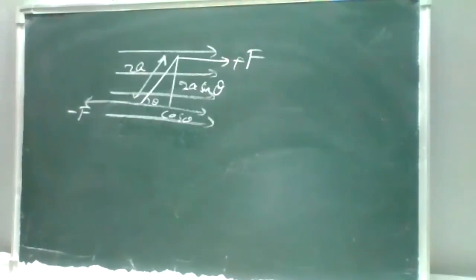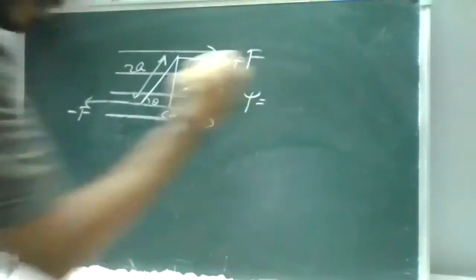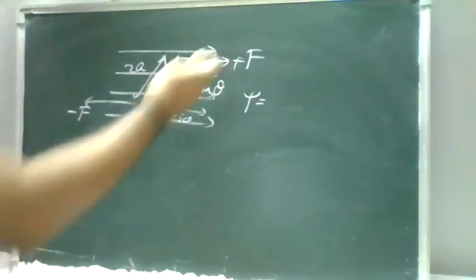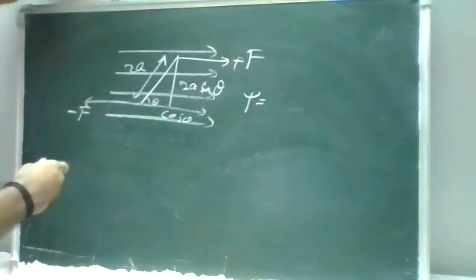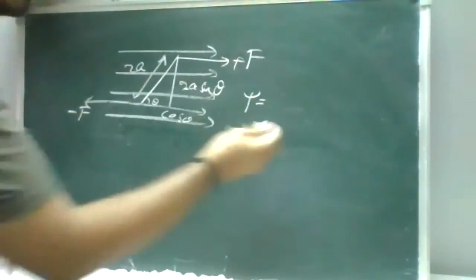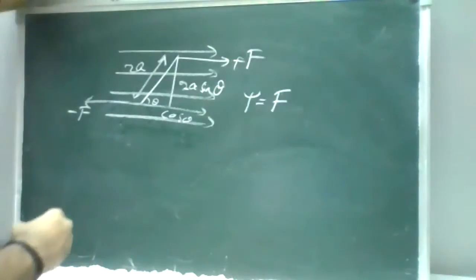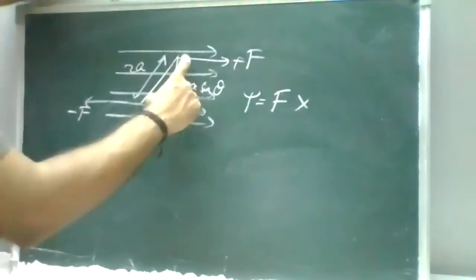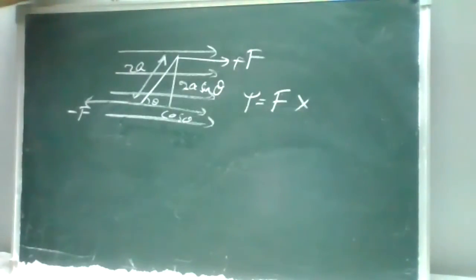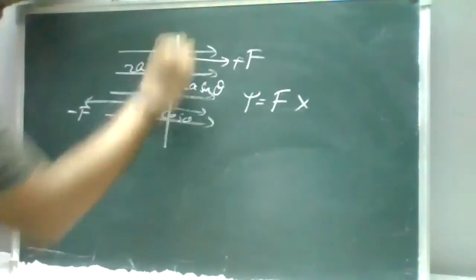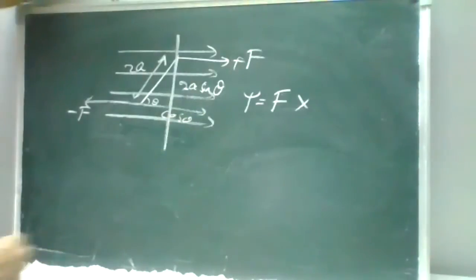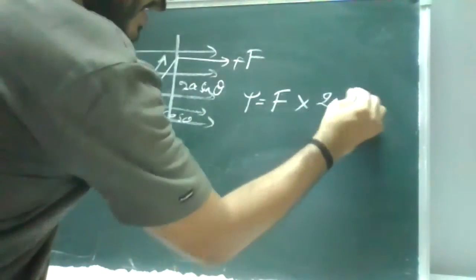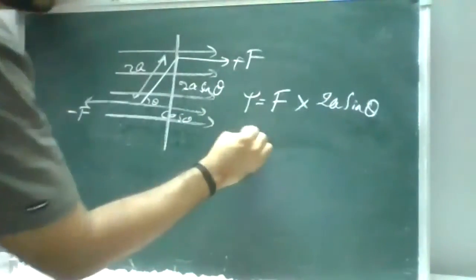Now we are going to find the torque. Torque is equal to the force acting on either one charge, because the two forces are the same, into the perpendicular distance between the two charges, which is 2a sin theta. Since F total is 0, the two forces are equal, so we take either one charge.